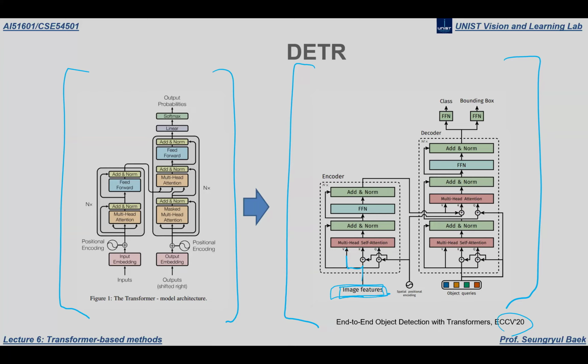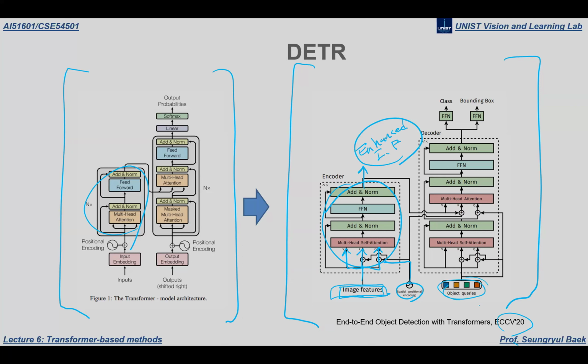Then they convert it into key, query, value and apply some 2D spatial positional encoding. The remaining things are almost the same as the encoder of the original transformer. But here you will get the enhanced image features.